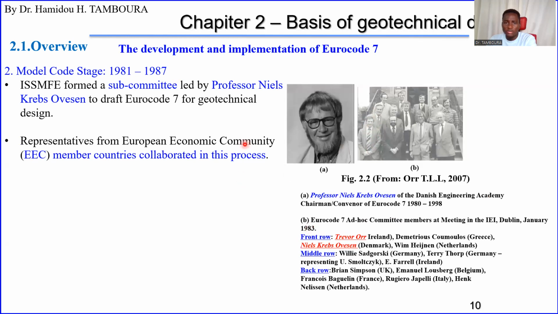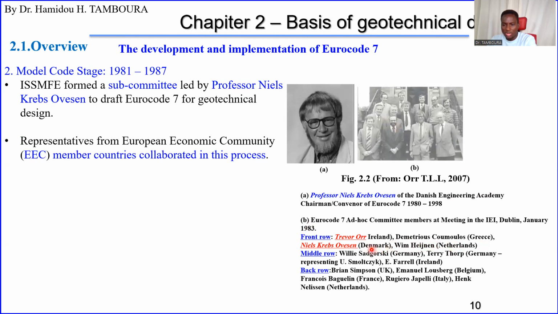And actually this reference is from him, I think. And this one is Demetrios from Greece. I'm not sure if I can read their names, but the countries, at least I can read. Greece. And Professor Niels is just here, I think. And the last one in the first row is this one from the Netherlands.